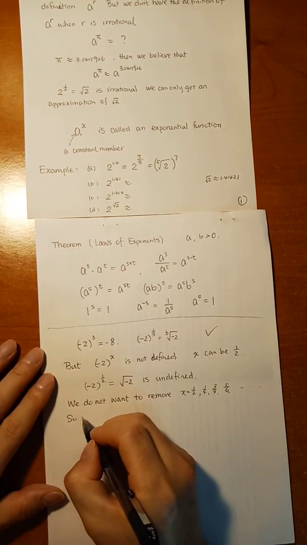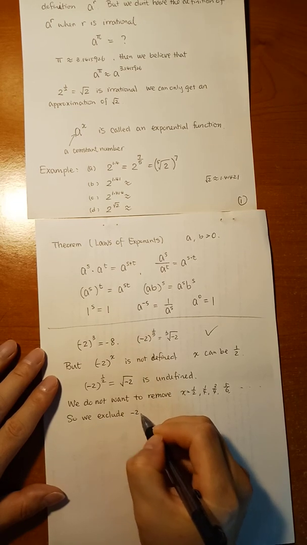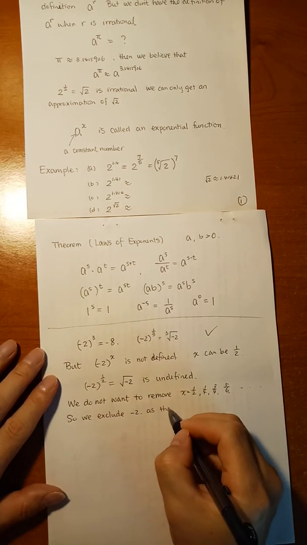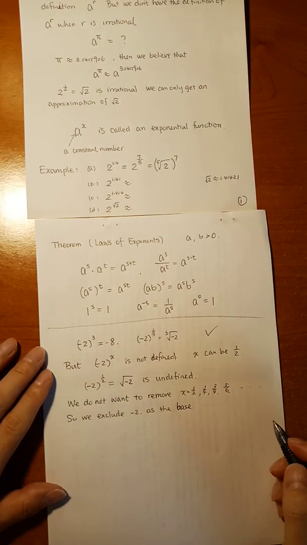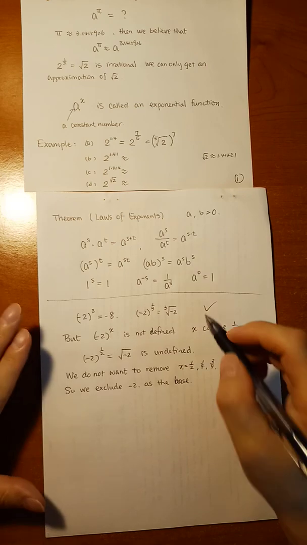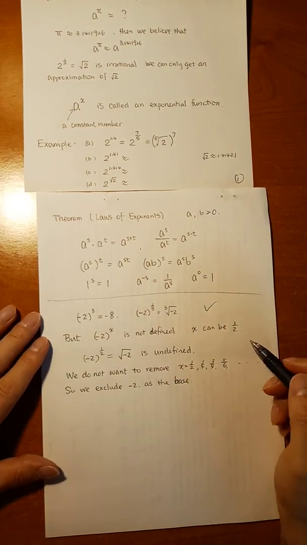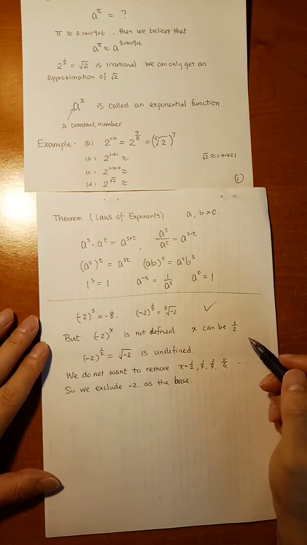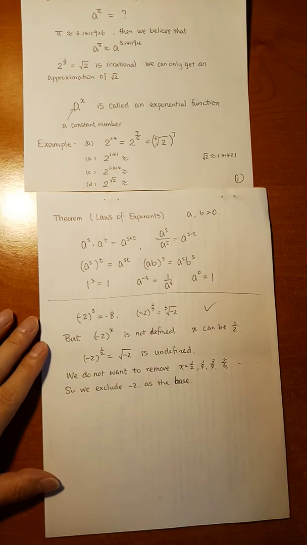So we exclude negative 2 as a base. All the negative numbers cannot be the base. Whenever you talk about exponential function, the base is always positive. So all these expressions have the requirement that a, b are positive.